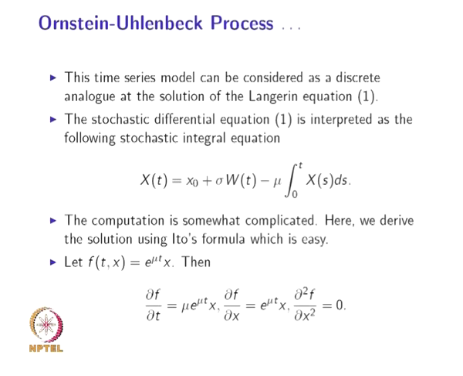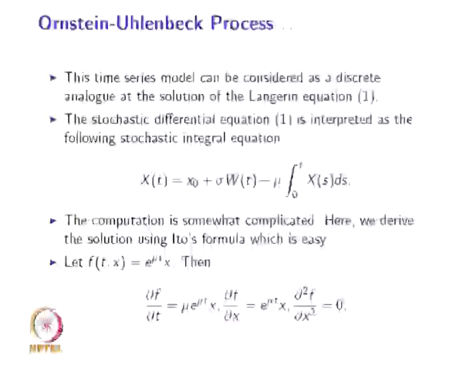So this time series model can be considered as a discrete analog of the solution of the same equation 1. You can develop the time series model by discretizing the above stochastic differential equation.